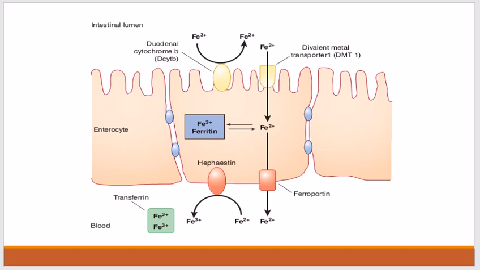The ferrous iron is oxidized to its ferric form by hephaestin. The ferric iron is then bound to transferrin for the transport by the blood to the various sites in the body. So, this diagram shows the non-heme iron transport within the lumen of enterocytes.